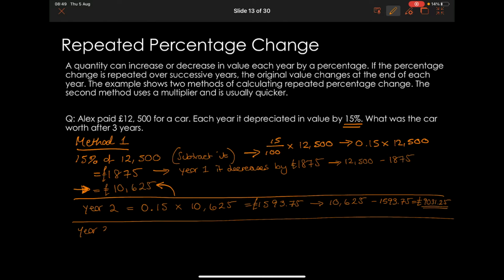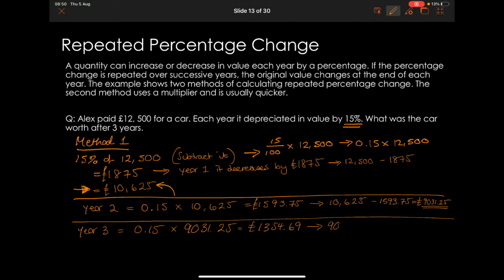And then for year 3, I'm going to need to find 15% of that amount. So 0.15 times £9,031.25, which gives me £1,354.69.